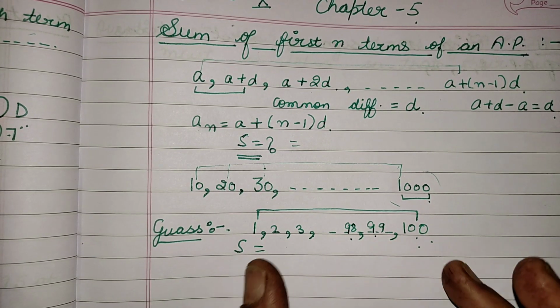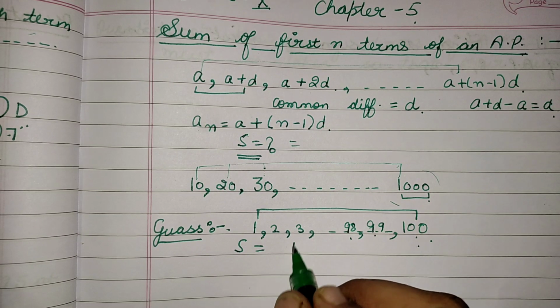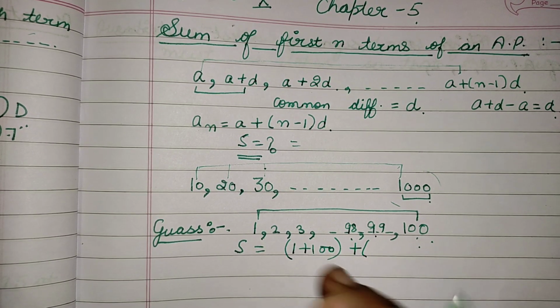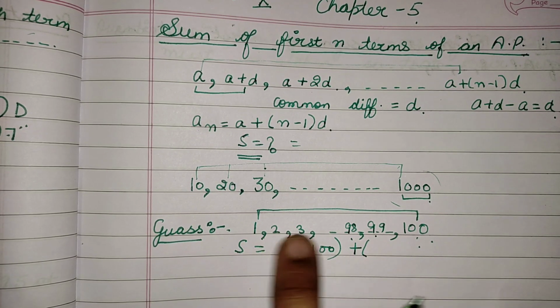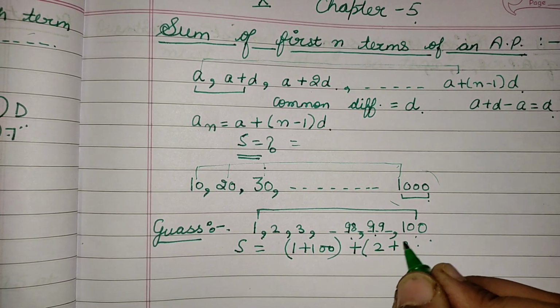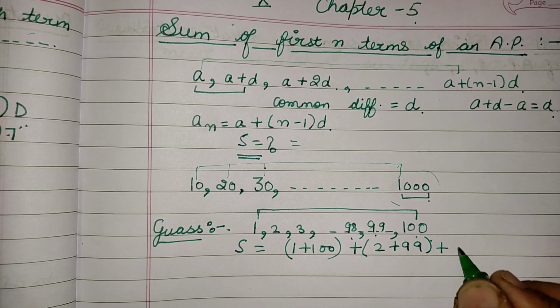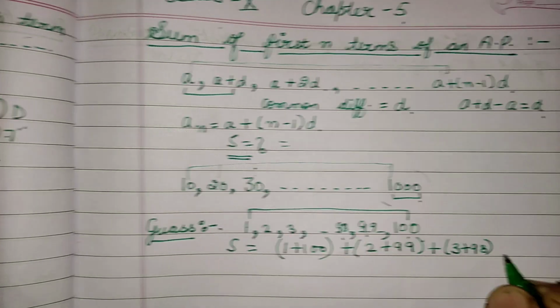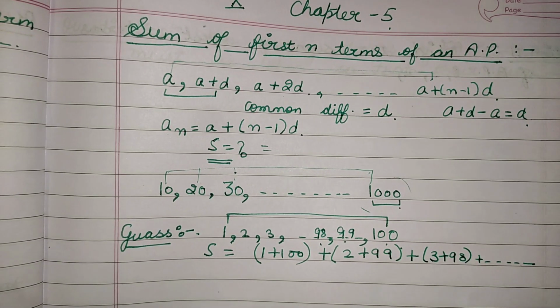What did he do? He did the addition of the first and last term. He made pairs: the first and the last term, then the second term and the second last term, 2 plus 99, and so on, and 3 plus 98, and so on, right?